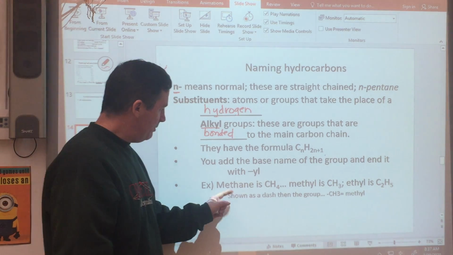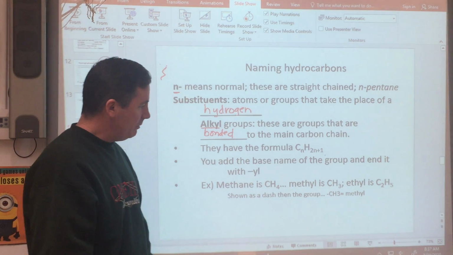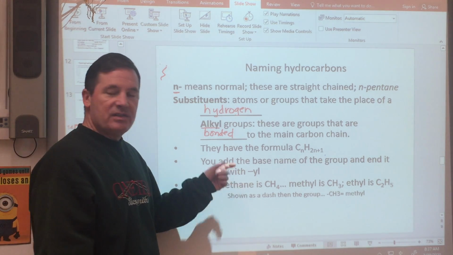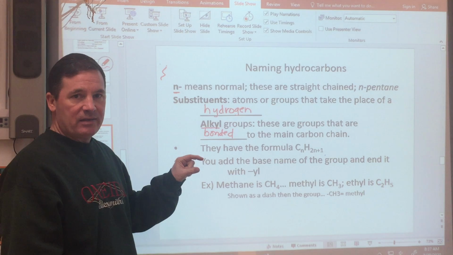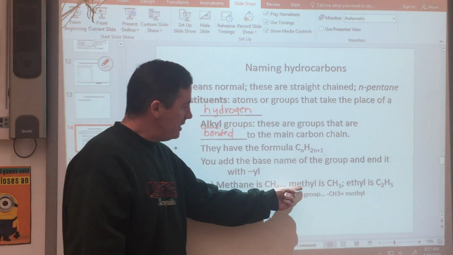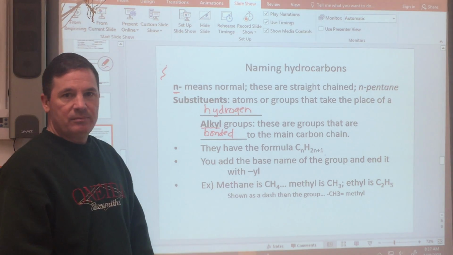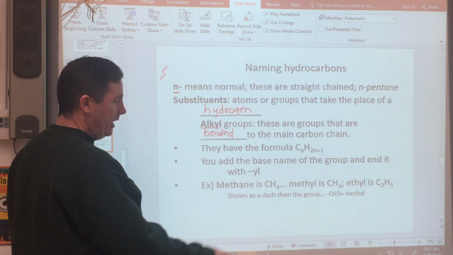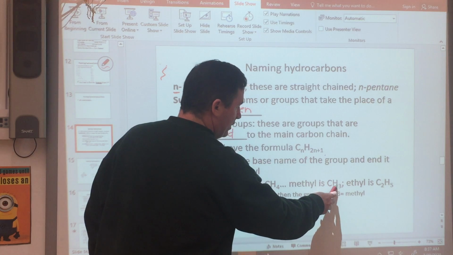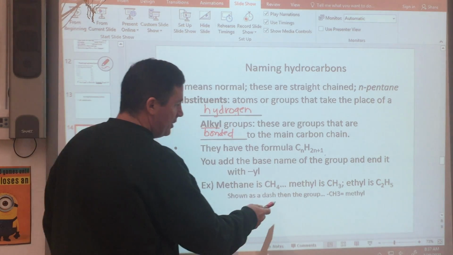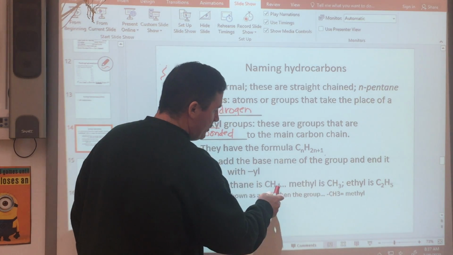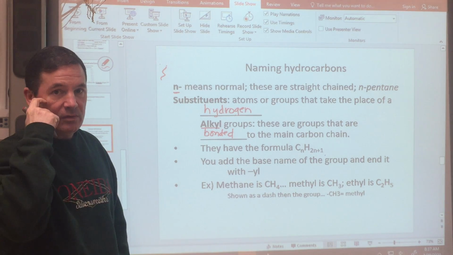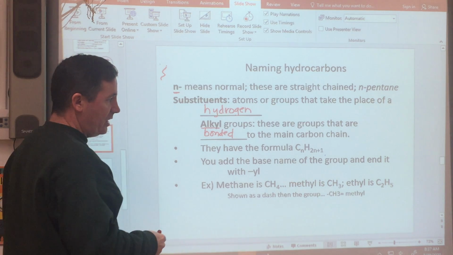So here's the example. Methane is CH4. So when methane is sticking off of the main chain of carbons, its name changes to methyl. Okay? And it's going to have CH3. It can only fit 3 hydrogens on there because the other hydrogen is going to be gone. It's attached to the main chain, the longest chain.